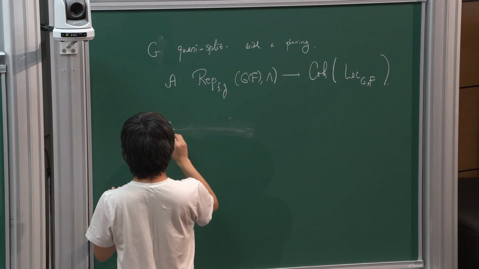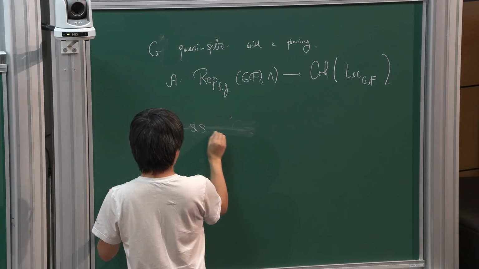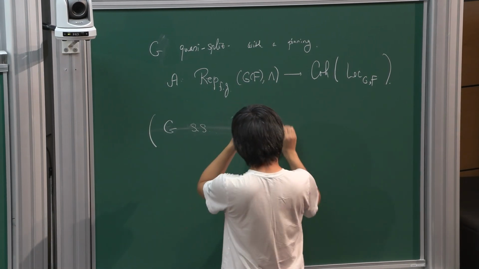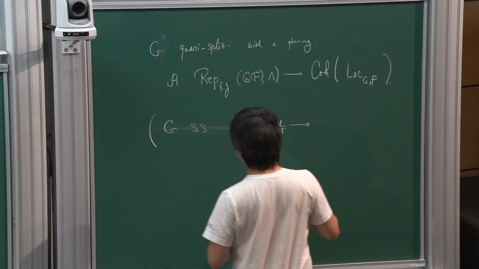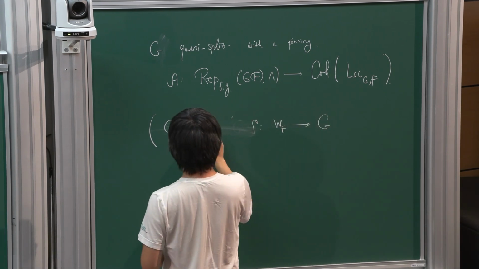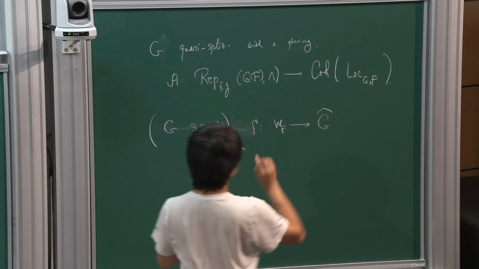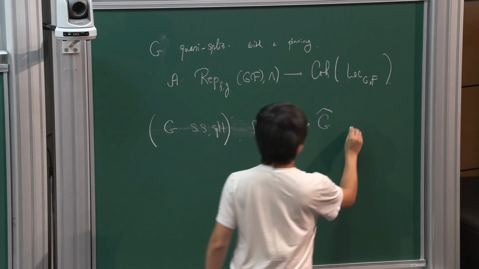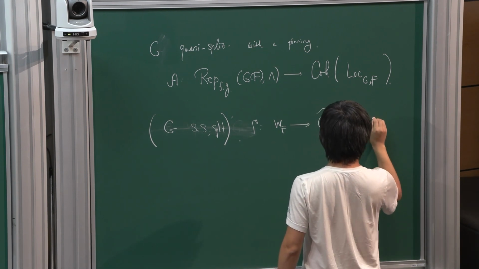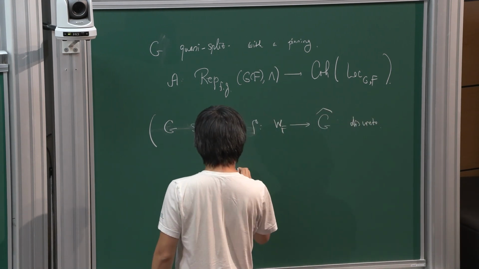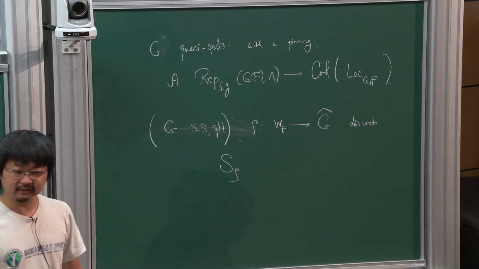Let's say G is semi-simple, even split semi-simple. You consider such a Langlands parameter, and suppose it's discrete in the sense that the centralizer is finite.